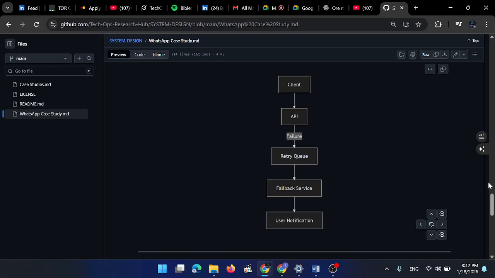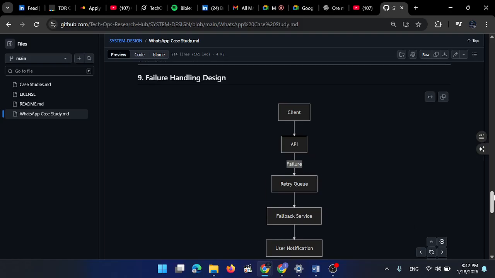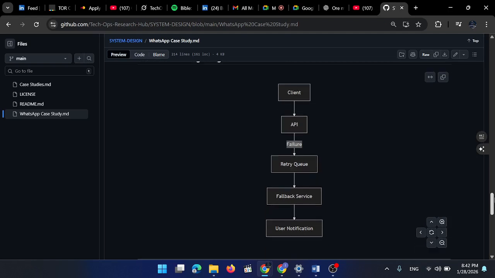Those backups are very important because they help ensure there is balance in how everything is operating. There are various ways in which you get to handle failure, and how WhatsApp does it is different. So here we have a client, and this client is connected to an API. Then a failure occurs here.